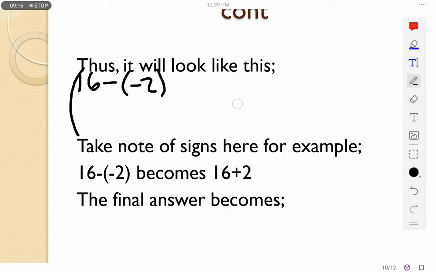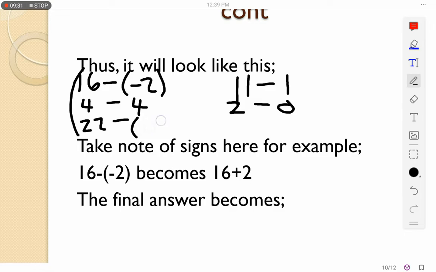Then I'll have 11 minus 1. I'll have 4 minus 4. I'll have 2 minus 0 and 22 minus 9, and lastly 9 minus 7, like this.